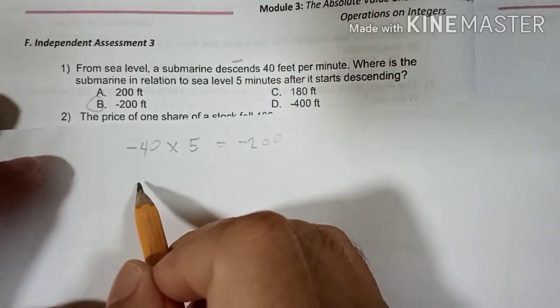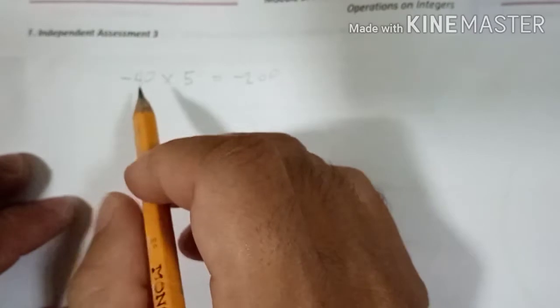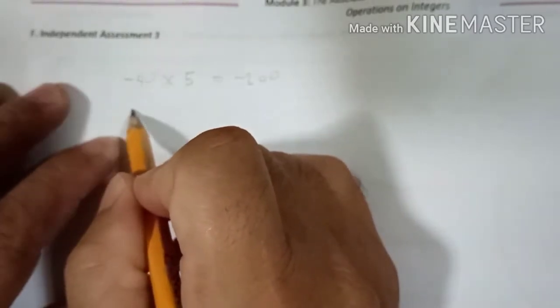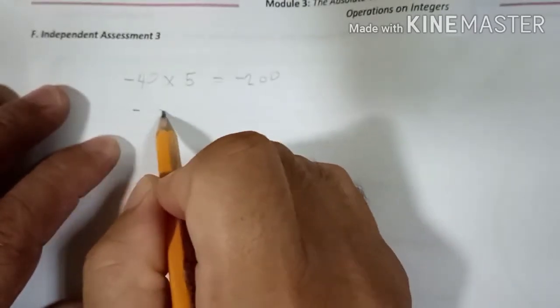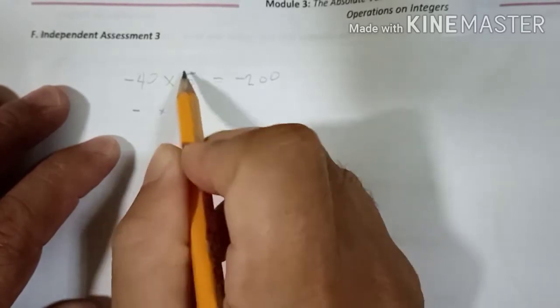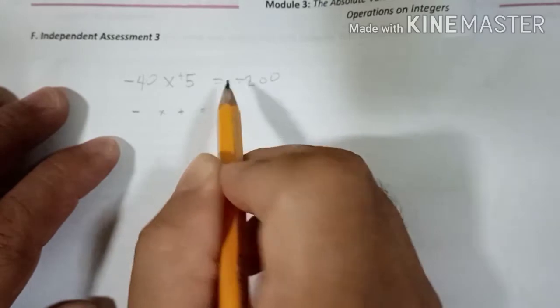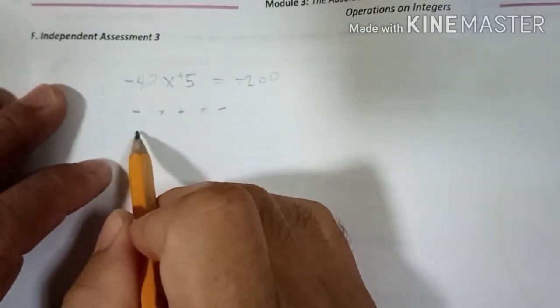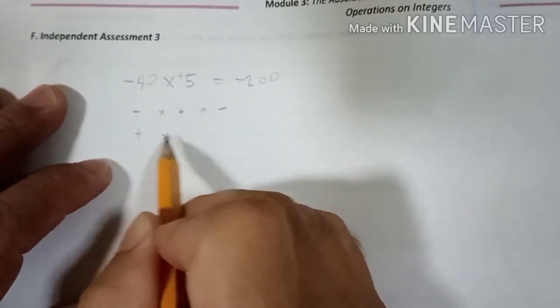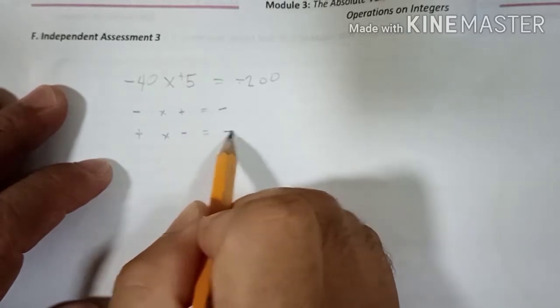Because the rule in multiplication and division, they are the same. Negative times positive, the answer is negative. So, that is why our answer is negative. Positive times negative, the answer is negative.